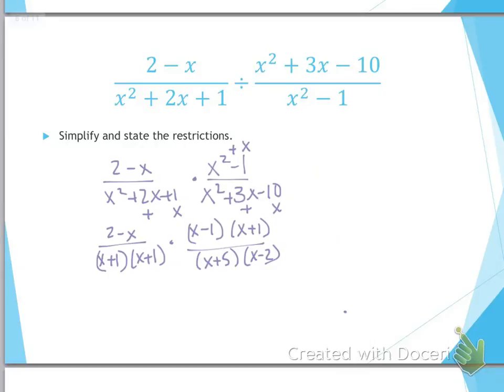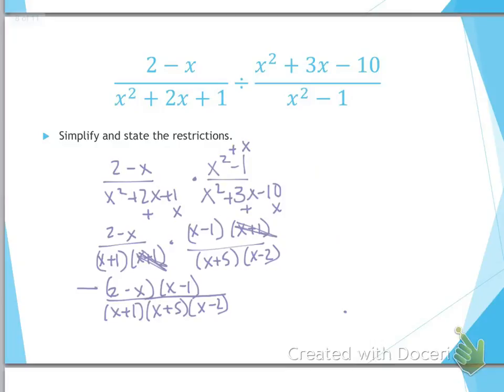So let's go ahead and see the simple things to cancel. It looks like I can cancel these x plus 1s. So then it becomes 2 minus x, and we still have x minus 1 on top. We still have this x plus 1, this x plus 5, and this x minus 2.